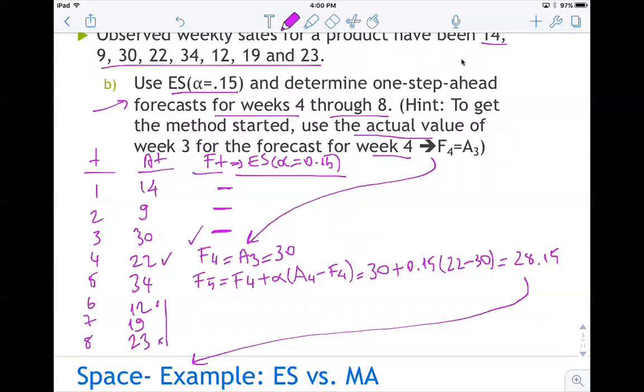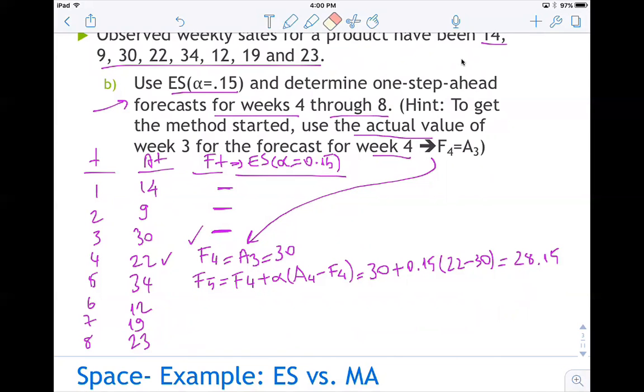That's why we are going to be updating these forecasts all the way down after we observe week 8, and after that point we will be able to make a forecast for the future that's unknown, starting week 9, 10, 11, and 13. So let's keep updating our forecasts.